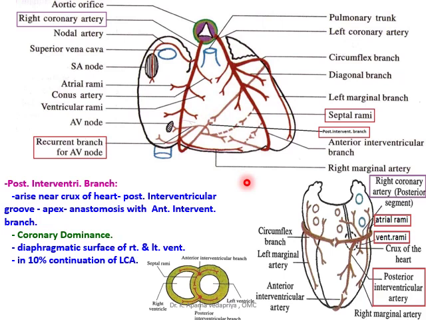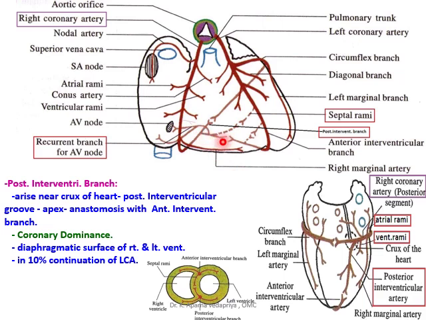In a very small percentage of the population, the posterior interventricular artery may arise from both the right coronary artery and the circumflex branch of the left coronary artery. Then that heart is considered to be of a balanced type, having codominance.